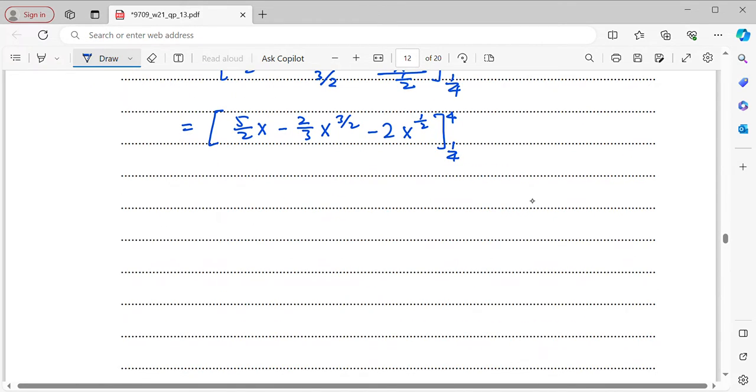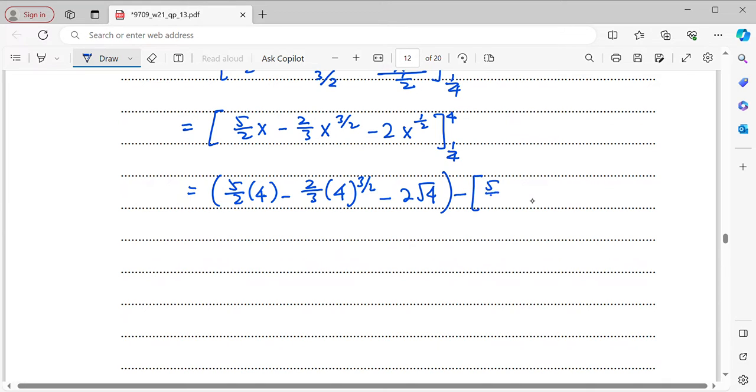Now when you simplify, it will be 5 over 2 times 4, minus 2 over 3 times 4 to the power of 3 over 2, minus 2 square root 4. Okay, these are the terms when x is replaced by 4, and now x will be replaced by 1 over 4.